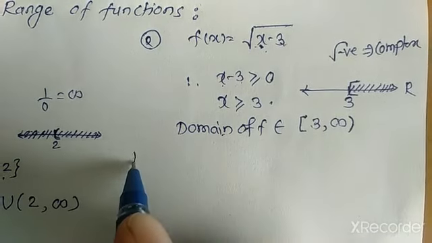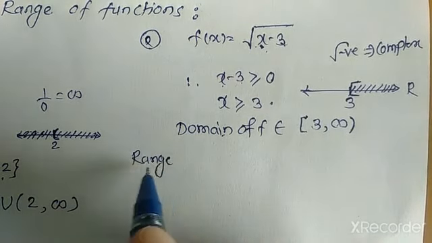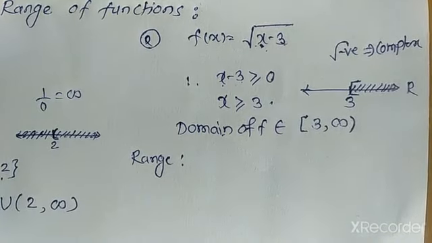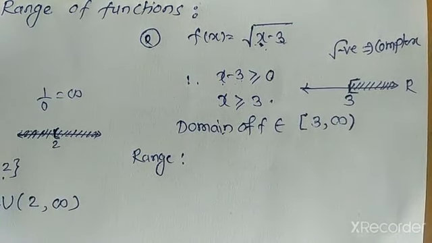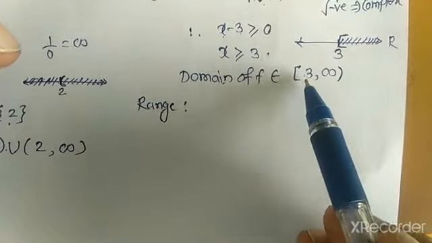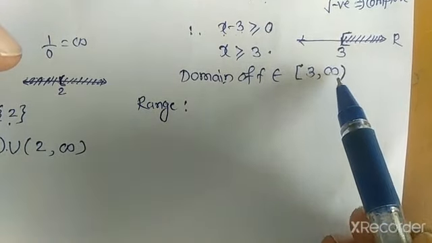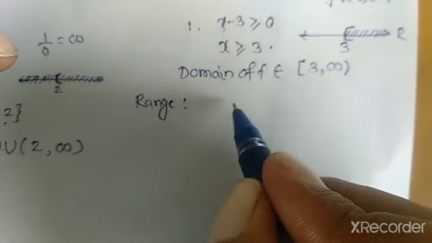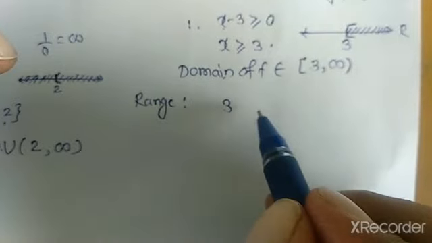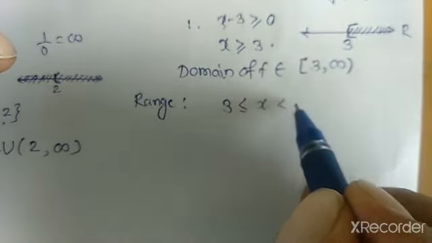Now to find the range. Here our domain is 3 to infinity, so the value of x will lie between 3 less than or equal to x less than infinity.